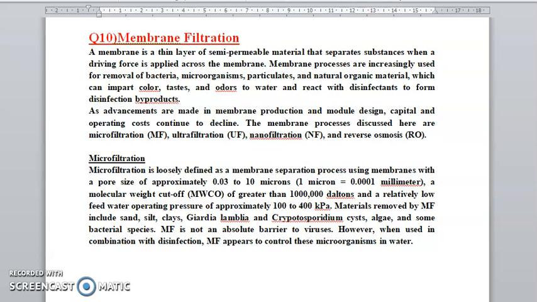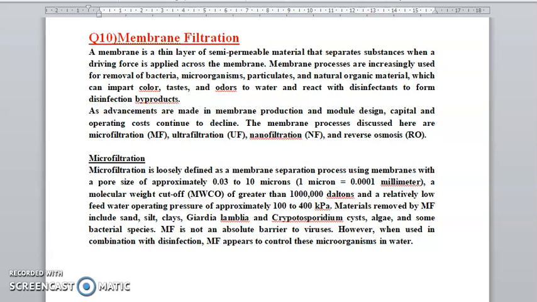As advances are made in membrane production and modular design, the capital and operation costs continue to decline. The membrane processes discussed here are microfiltration, ultrafiltration, nanofiltration, and reverse osmosis. Okay, microfiltration.